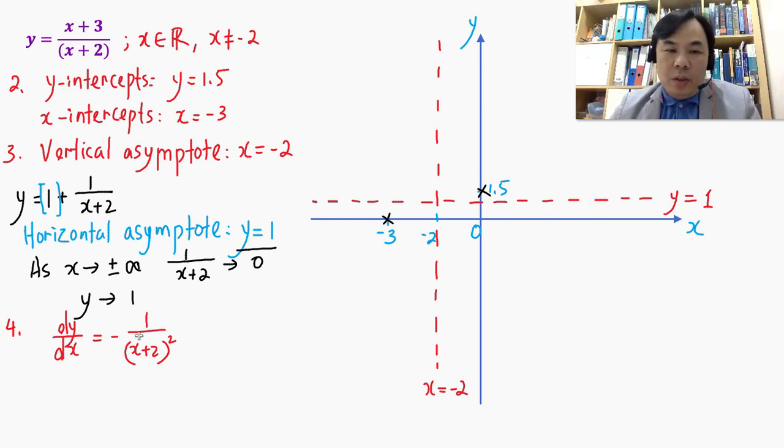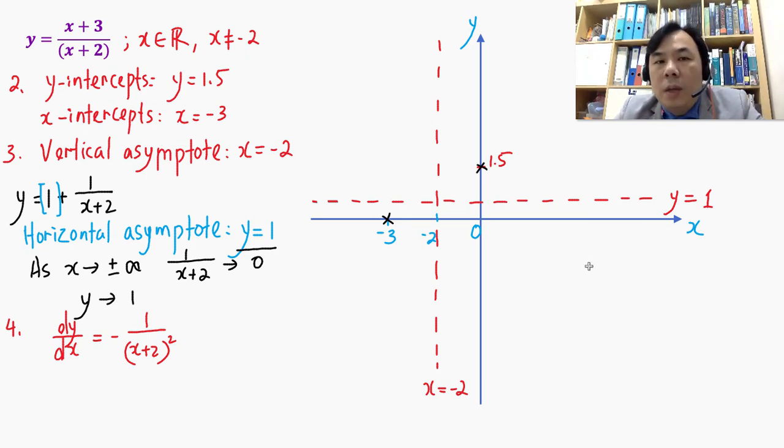If you differentiate one more time, you will not be able to get any inflection point here. That one I leave it to you to work out. Just let me put it up further a bit. It is not drawn to scale, just to let you know. Okay, so it's somewhere here. All right, I think we are almost done.